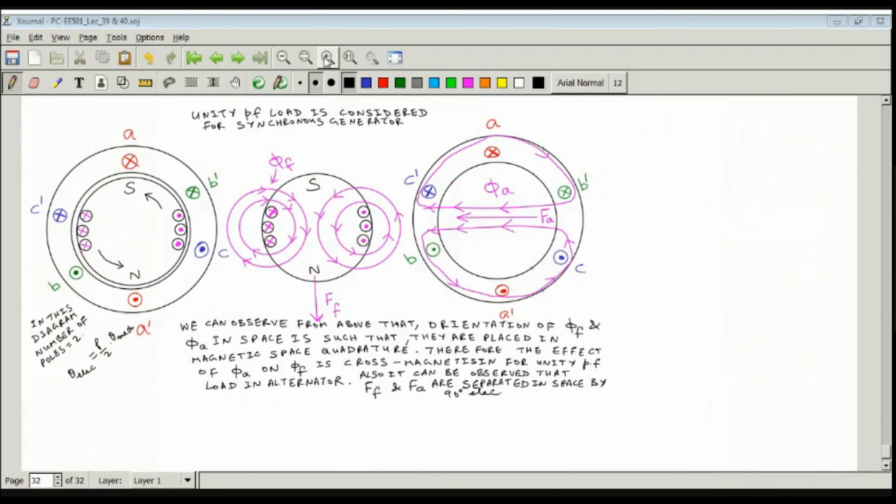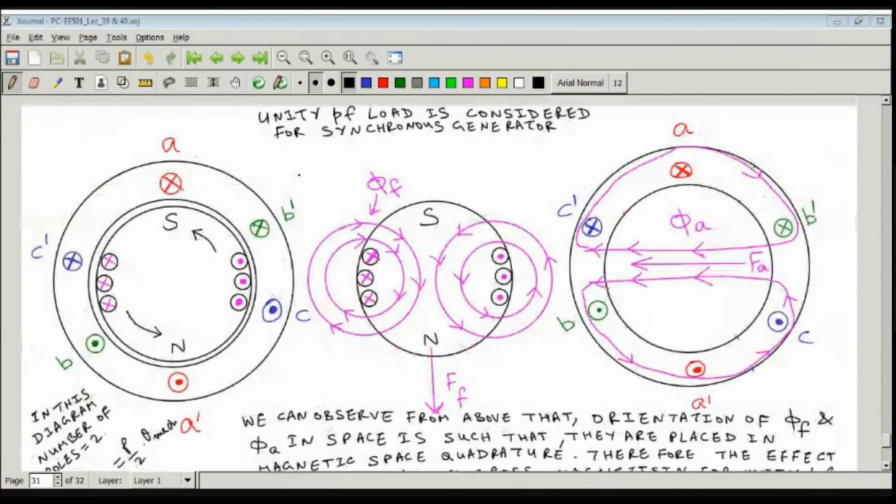Let us place this north and south pole over here in this diagram.